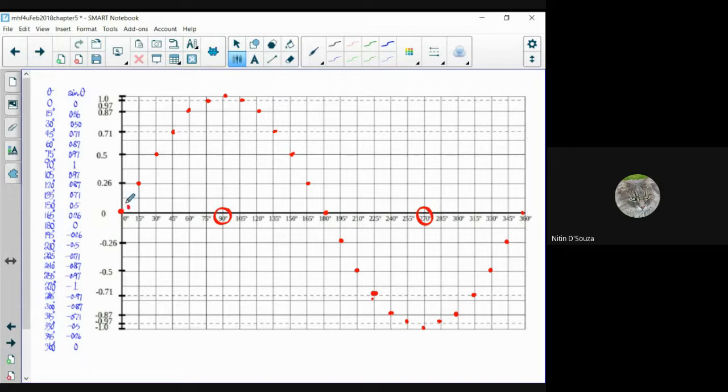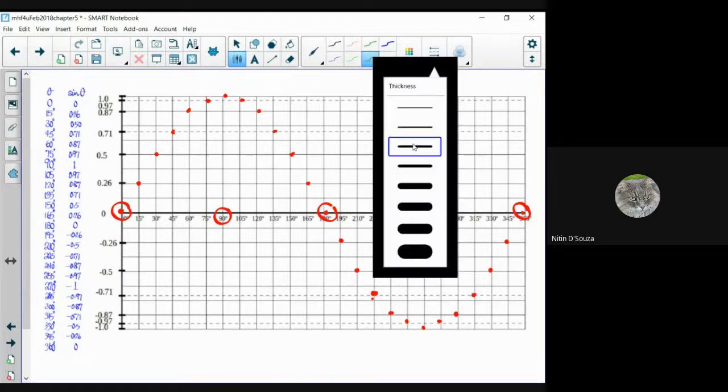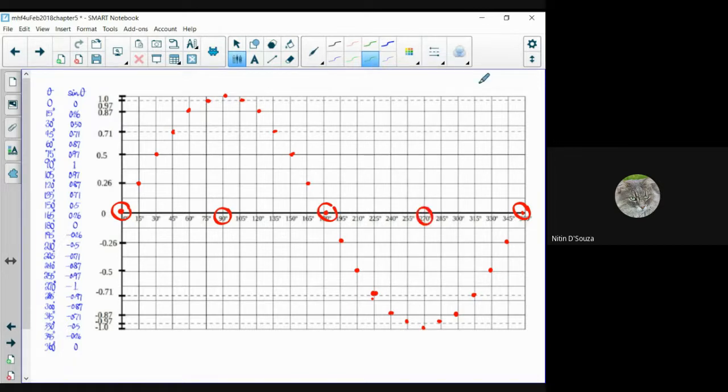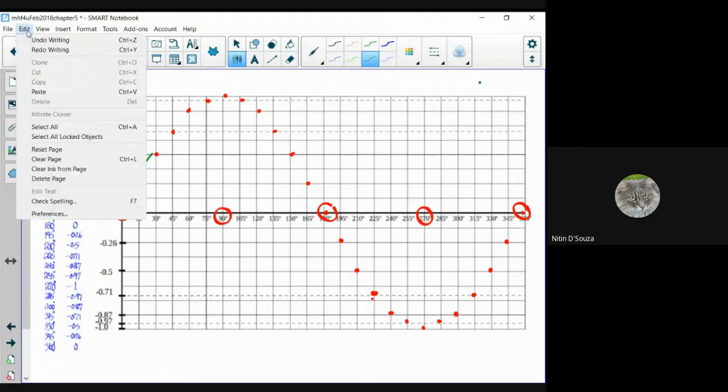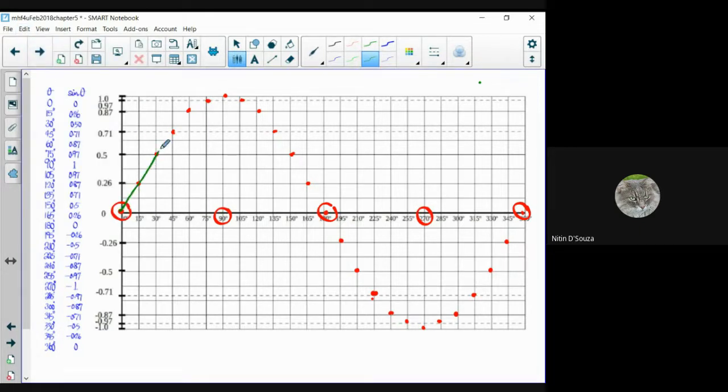It's 0 at 0, 180, and 360. That's the general shape.